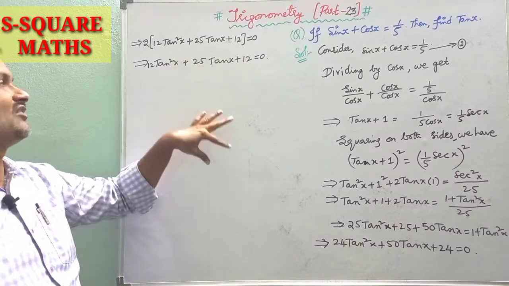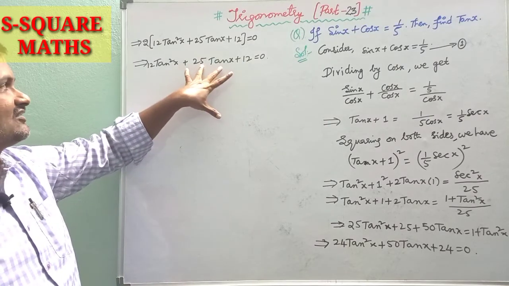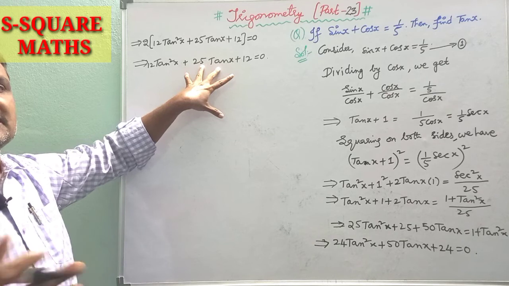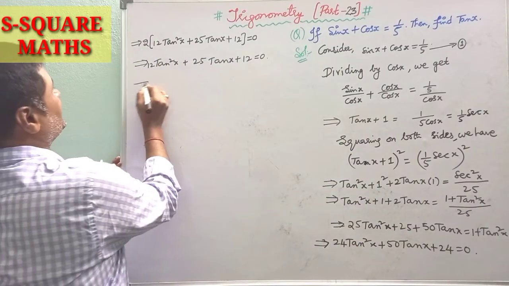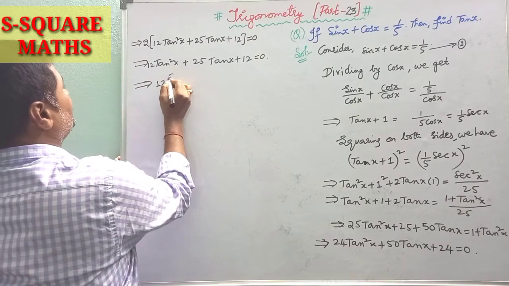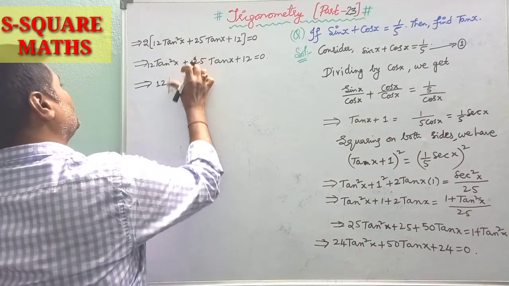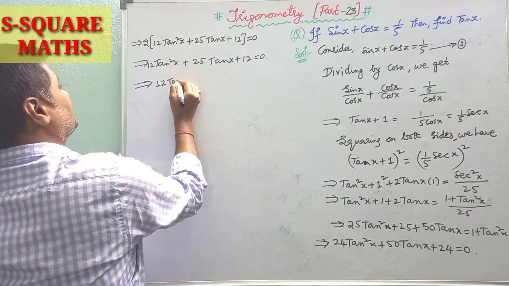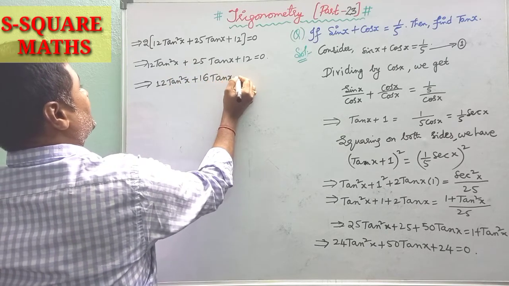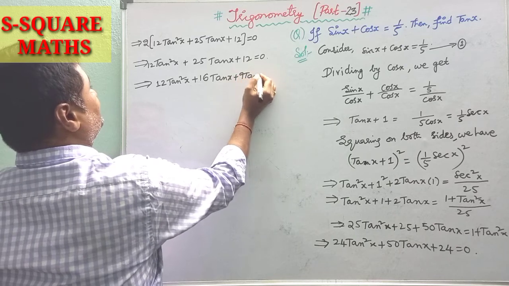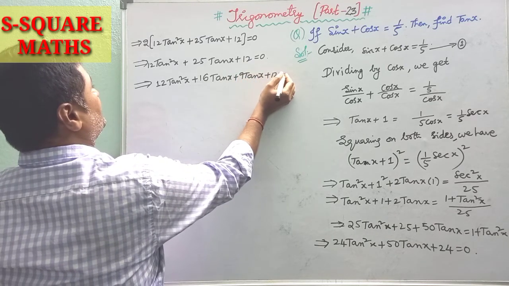12 into 12 is 144 and the middle term is 25 tan x, so 16 plus 9 is nothing but 25. Now I can write 12 tan square x plus 16 tan x plus 9 tan x plus 12 is equal to 0.